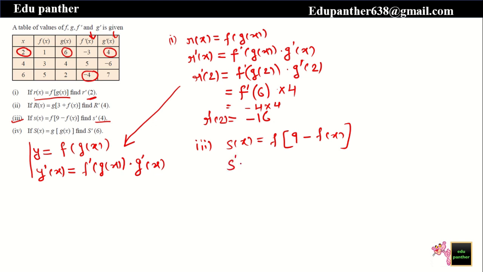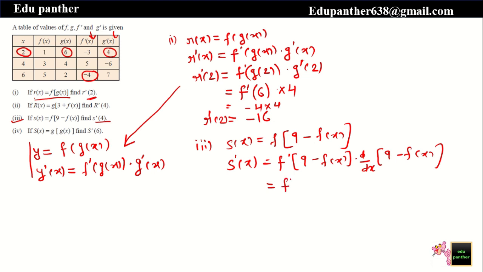So its derivative s dash of x, it will be, first we have to differentiate this outside function, which is f dash of 9 minus f of x into the derivative of the term inside this bracket, which is 9 minus f of x.